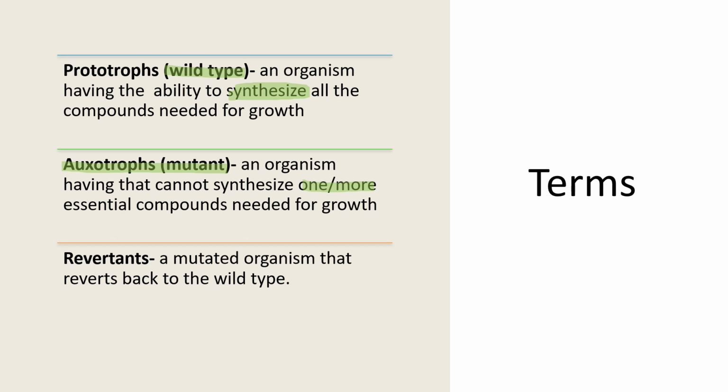So if you want to grow an auxotroph or mutant, you must supply the particular compound in the medium so that the organism can utilize that compound and grow. Now revertants are organisms that can revert back to the wild type, or in simple language, they are auxotrophs or mutants that are mutating again to go back to the wild type or prototroph form.